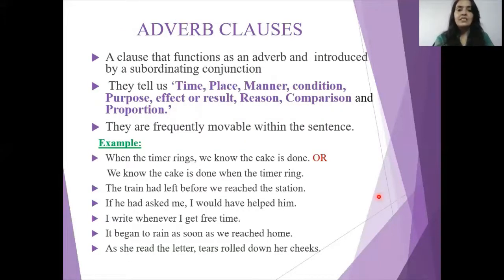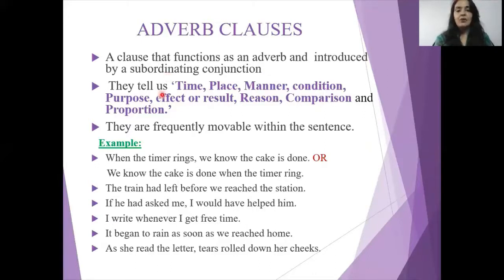Now the next one is the adverb clause. A clause that functions as an adverb and is introduced by a subordinating conjunction. Subordinating conjunctions here are like same, when, whenever, where, before, after. How will you recognize them?